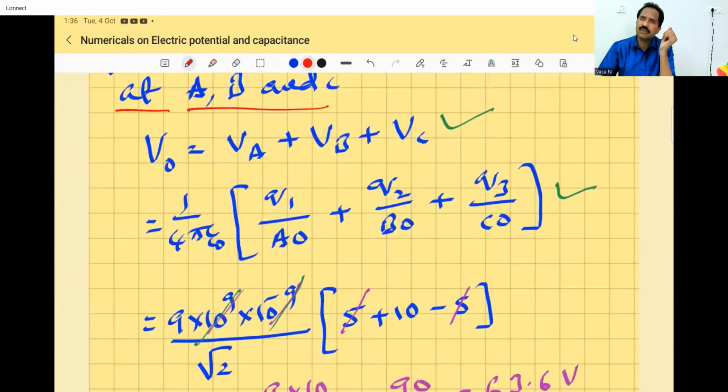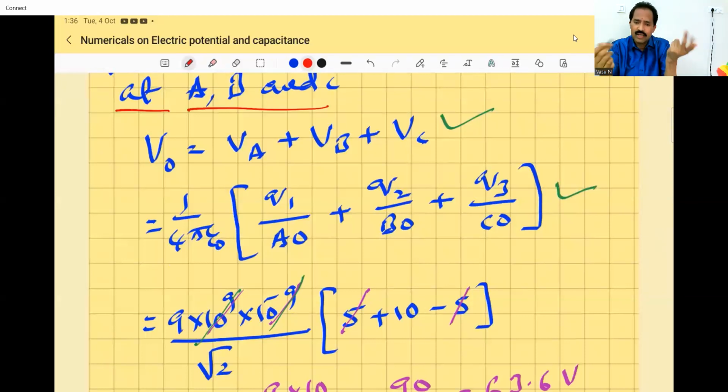The formula for potential is 1/4π epsilon naught Q by d. I take 1/4π epsilon naught common in all three. The remaining is Q1 by AO plus Q2 by BO plus Q3 by CO. Because we are taking the potential at point O, we have to take the distances of the point from the 3 charges: OA, OB and OC.